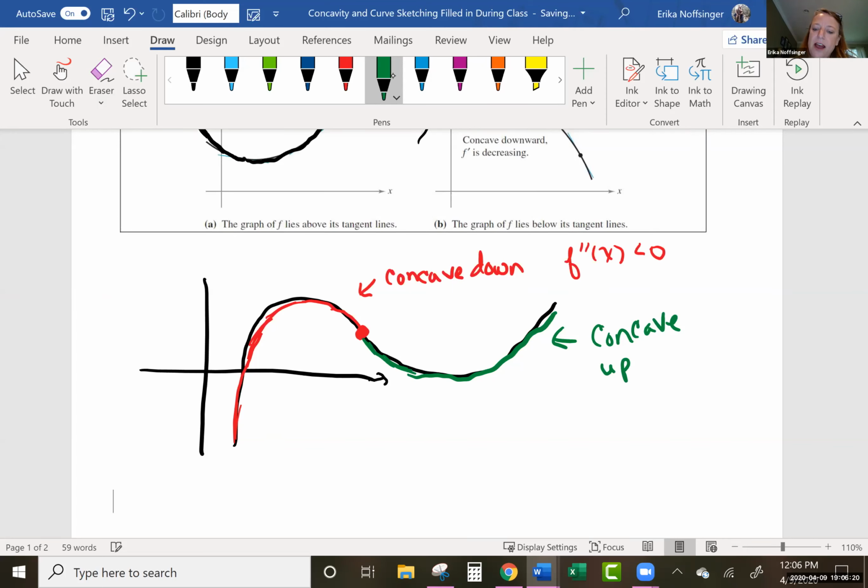And so we can find when our graph, our original function, is concave up by looking at the second derivative and finding out what intervals is that second derivative bigger than 0. And so notice it's changing from concave down to concave up, from less than 0 to greater than 0. So what do you think is happening at this point?